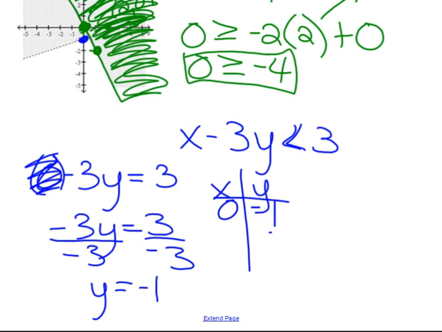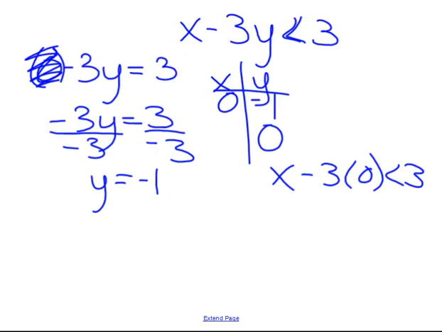So 0 is the easiest number to plug in, but we already picked 0 for x. So this time we're going to pick 0 for y. I'm going to plug in y equals 0 this time and check to see what our x value is. So -3 times 0 is 0, and we don't need that.